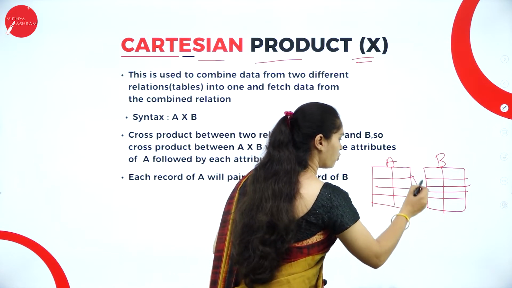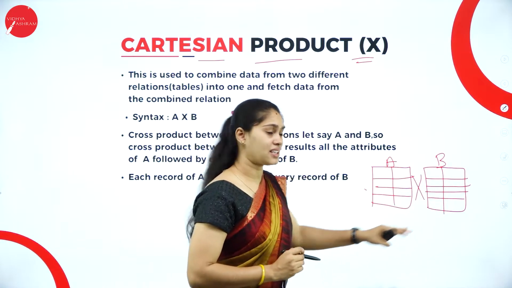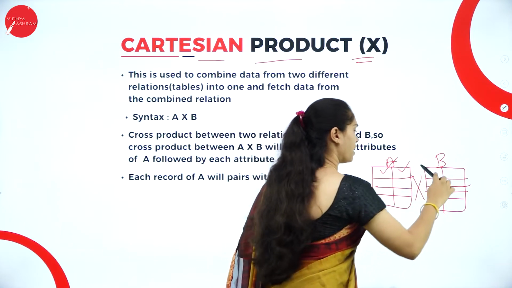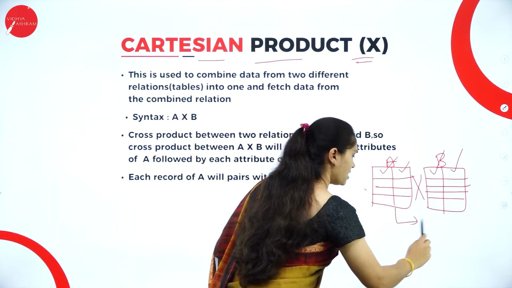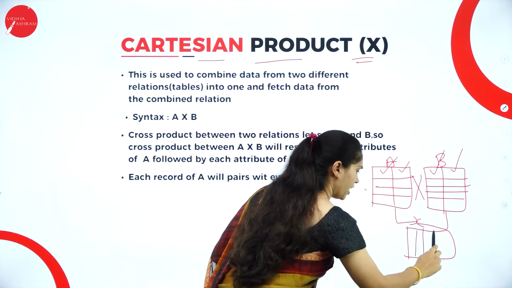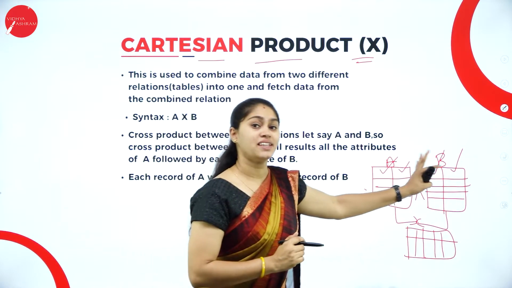When we are performing this Cartesian operation between A and B, it will select all the attributes from A and combine them with all the attributes of B. By doing this Cartesian product operation, we get a new relation.